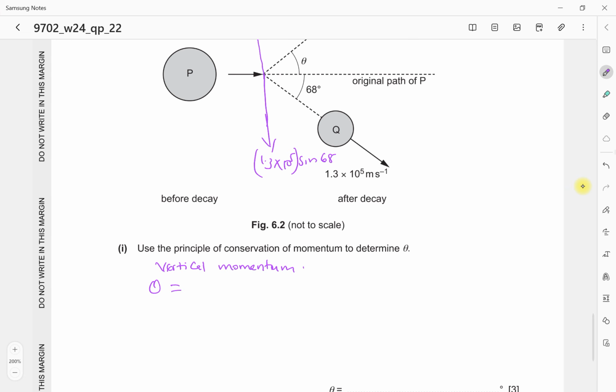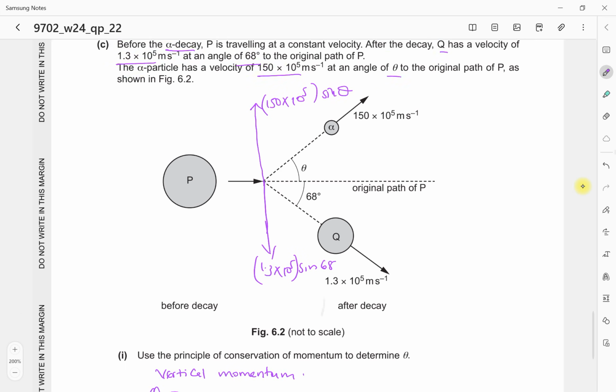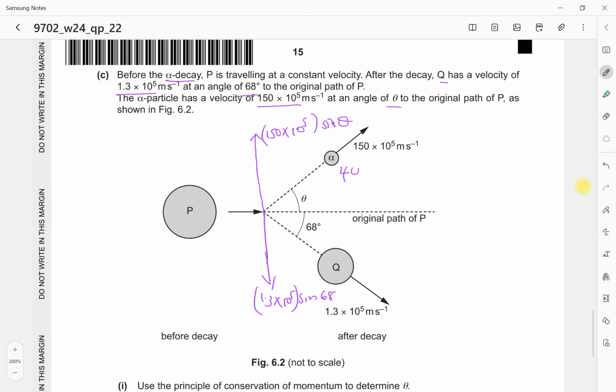Then after, the mass of an alpha particle is 4u. The mass of P, the nuclear number was 216, so the mass of this is 216 times u. Q, the nuclear number was 212, so its mass is 212 times u.